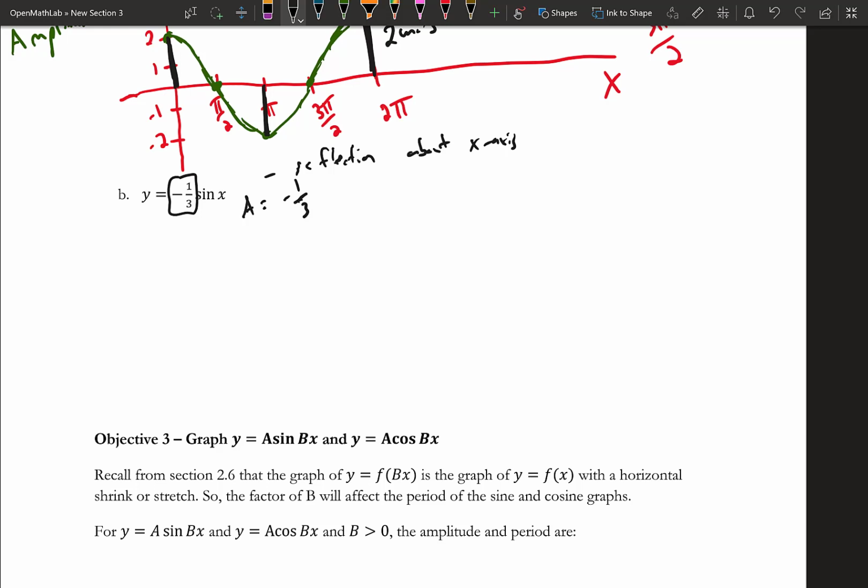So since A is negative, I have a reflection about the x-axis. Then the absolute value of A is equal to the amplitude, which would be the absolute value of negative 1/3, which would be 1/3. So in this case, the amplitude is 1/3.